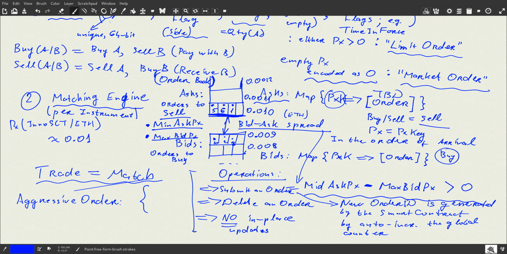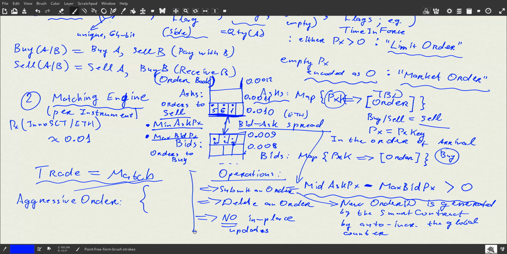For example, can you tell me please, what happens when you submit a buy order? The list with the price, with your price, is updated and your order is added to it. One second. So first of all, suppose that it is a limit order, so it has a price.